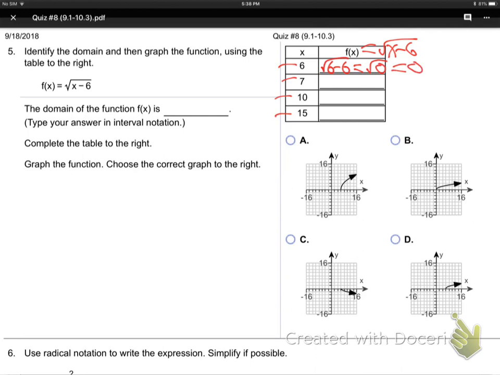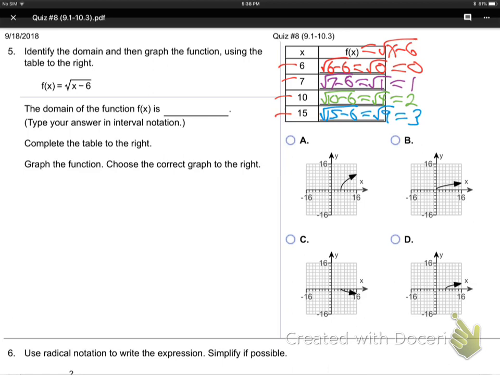If we plug in 7, we get the square root of 7 minus 6, which is the square root of 1, which is 1. If we plug in 10, we get the square root of 10 minus 6, which is the square root of 4, which is 2. And if we plug in 15, square root of 15 minus 6, is the square root of 9, which is 3.